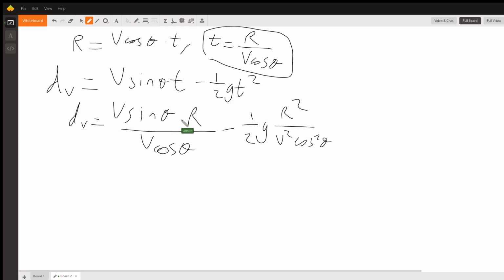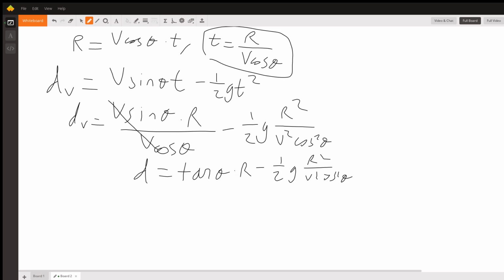And you notice that these V's can cancel out here, and sine over cosine becomes tangent, so d equals tangent theta times R, minus 1/2 g R squared over V squared cosine squared theta.